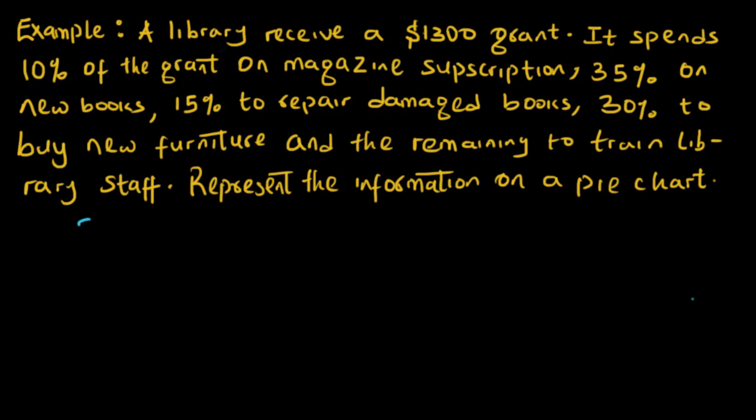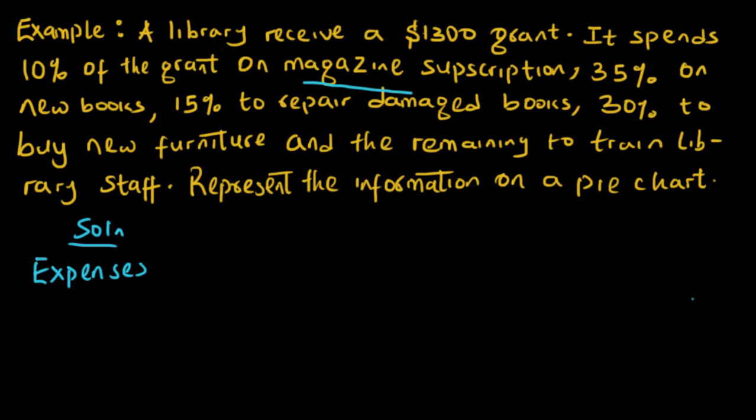Now remember, we did the representation in the last video. All we need to do is to outline everything that the money was spent on, and then convert the data given into degrees. Let's do this. So we can tag this expenses.